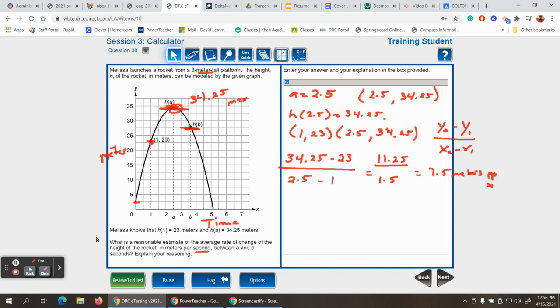Where does B fall? All right, so this is up to the maximum, right? This up here is to the maximum, okay? So can we estimate? What do you estimate B here? B is about how many seconds? What do you think? How many seconds is B?